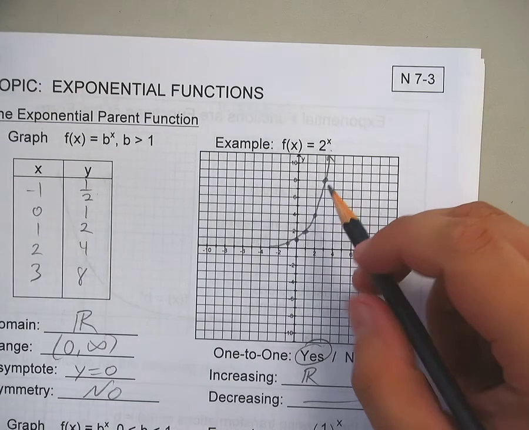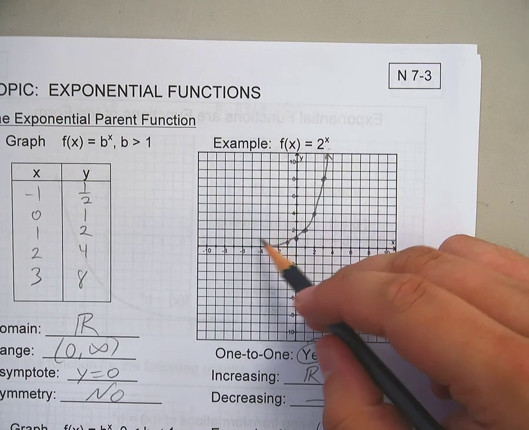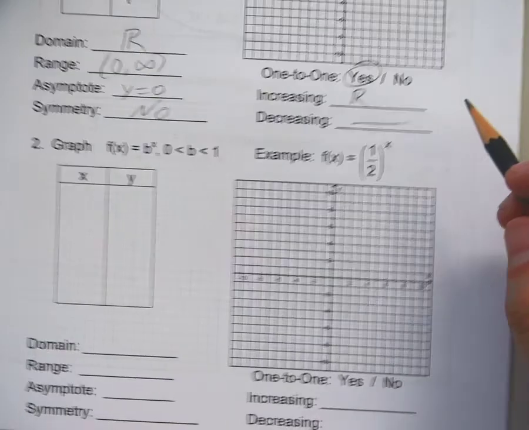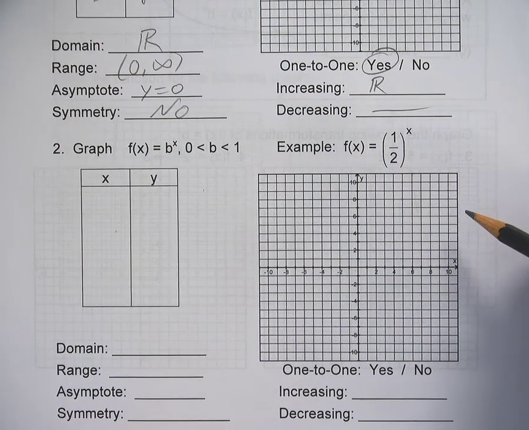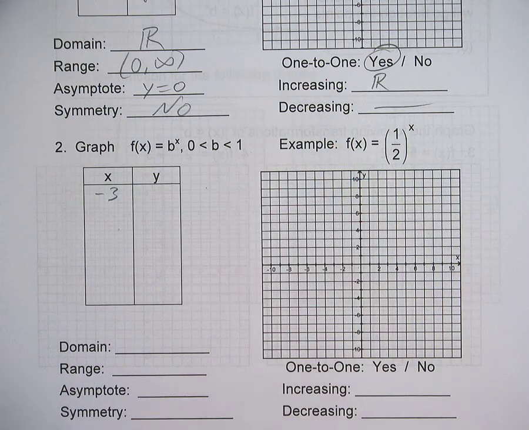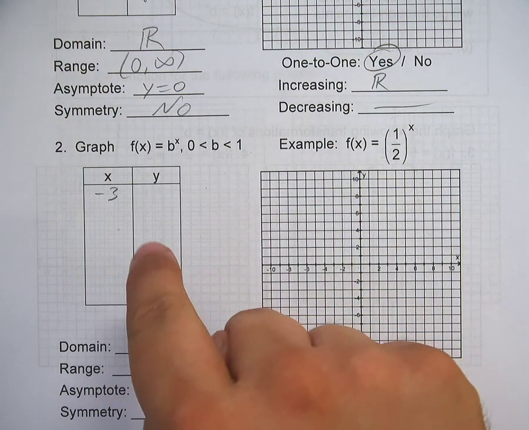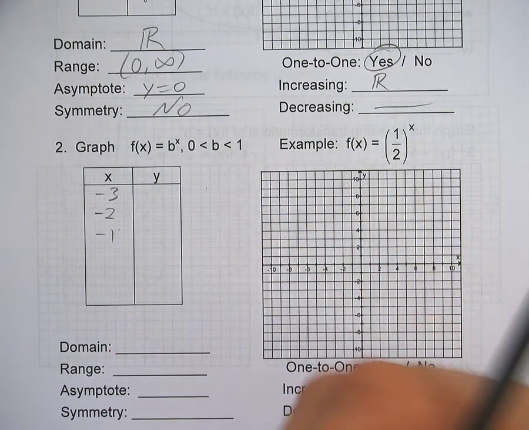Up here, notice I had a 2 for my base, and it exponentially grew. Down here, I have a 1/2 for my base. So let's see what happens when you have a fraction for your base instead. Now, to do this, I know what I'm going to need in advance, so I'm going to make a point. I'm not picking these numbers at random. I am specifically picking them because they will give me nice results.